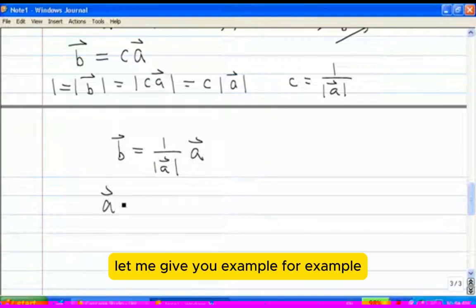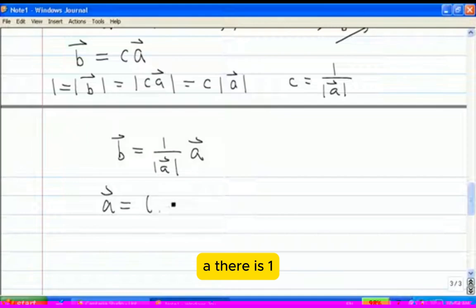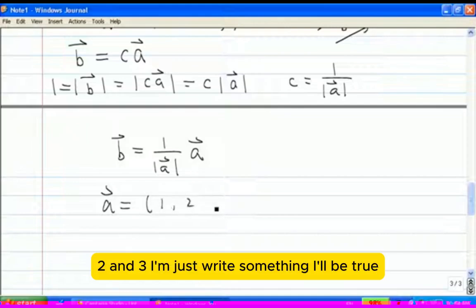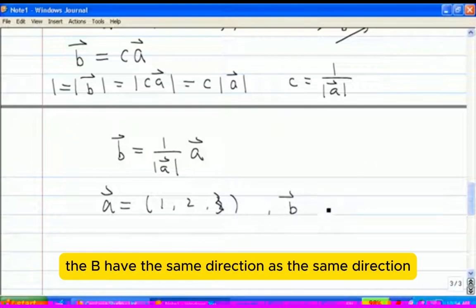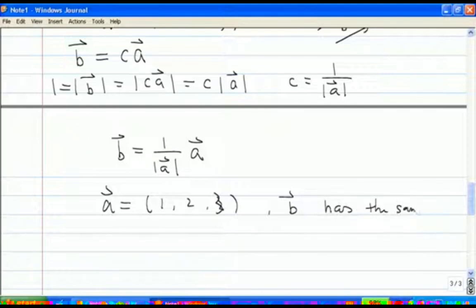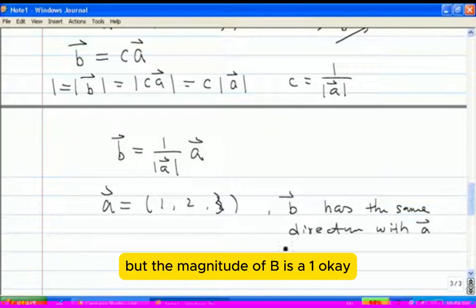For example, A is (1, 2, 3). Let me just write something arbitrary. Now I want to find vector B that has the same direction as A, but the magnitude of B is 1.